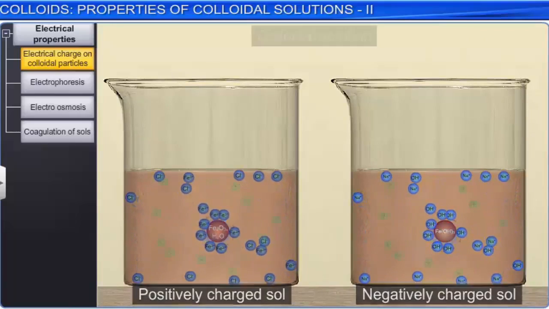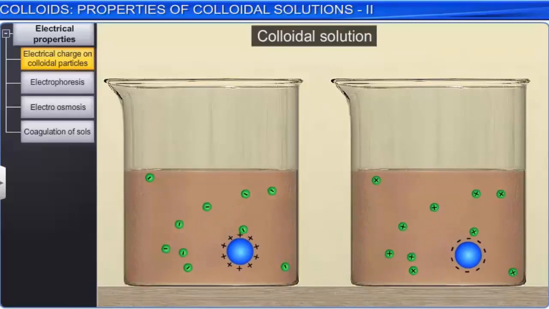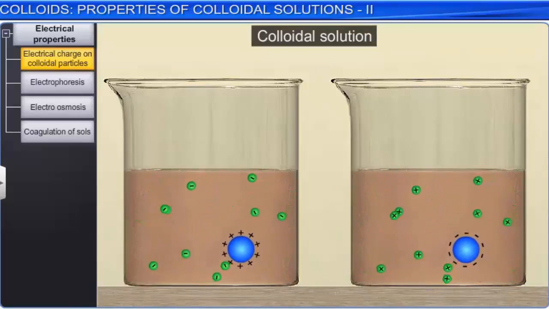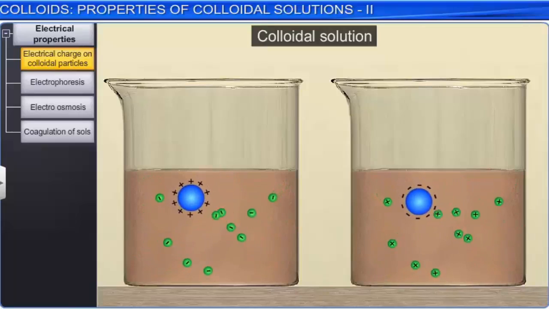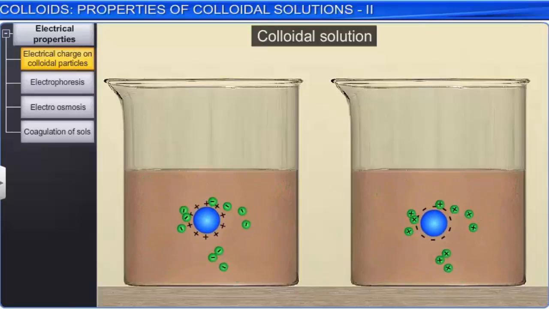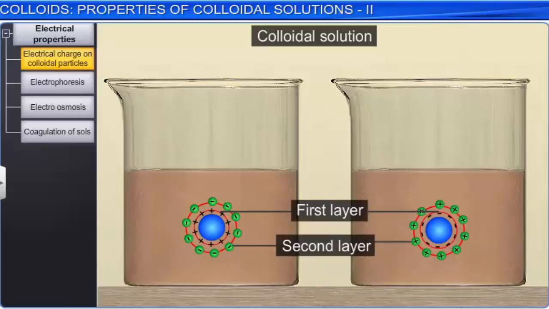The positive or negatively charged colloidal particles of a layer attract oppositely charged ions from the dispersion medium, forming a second layer as shown here. These counterions are not absorbed on the surface of the colloidal particles, but exist in the solution.